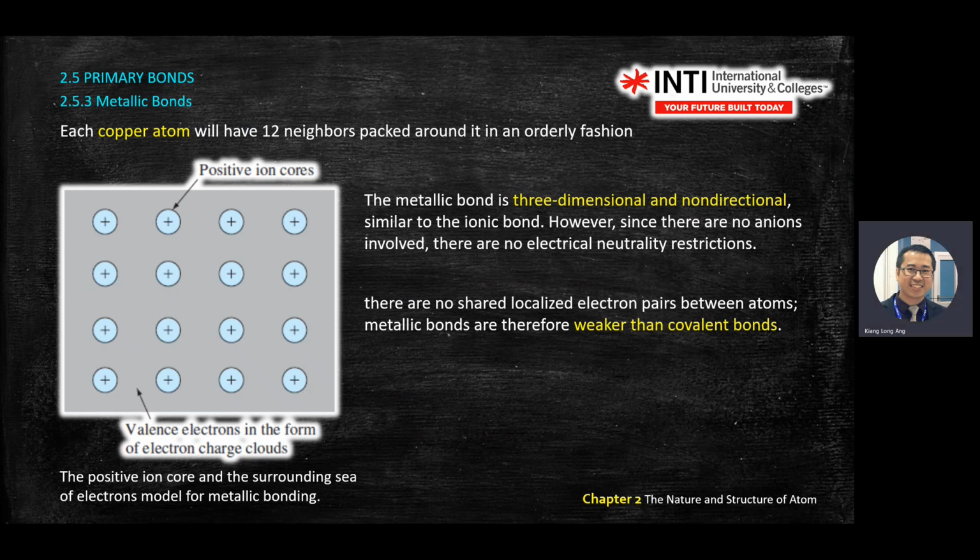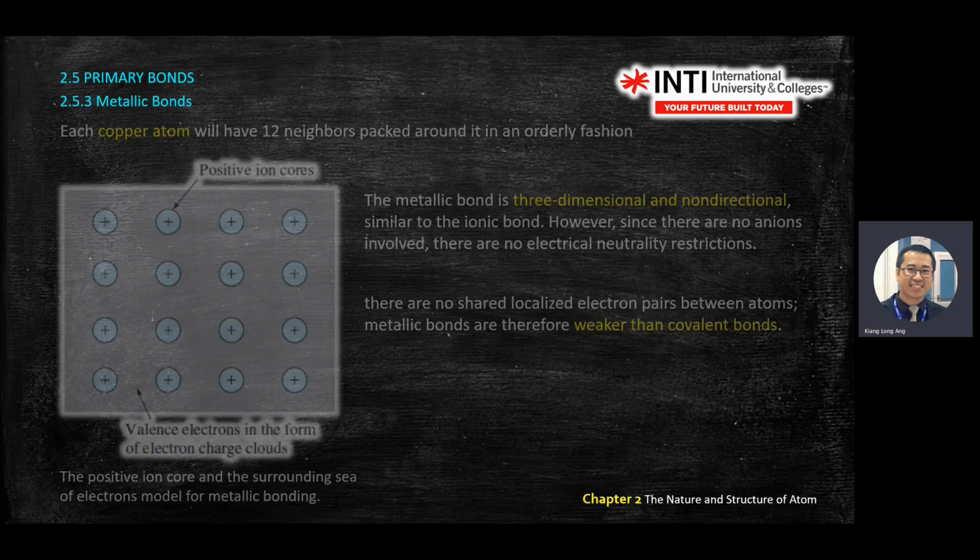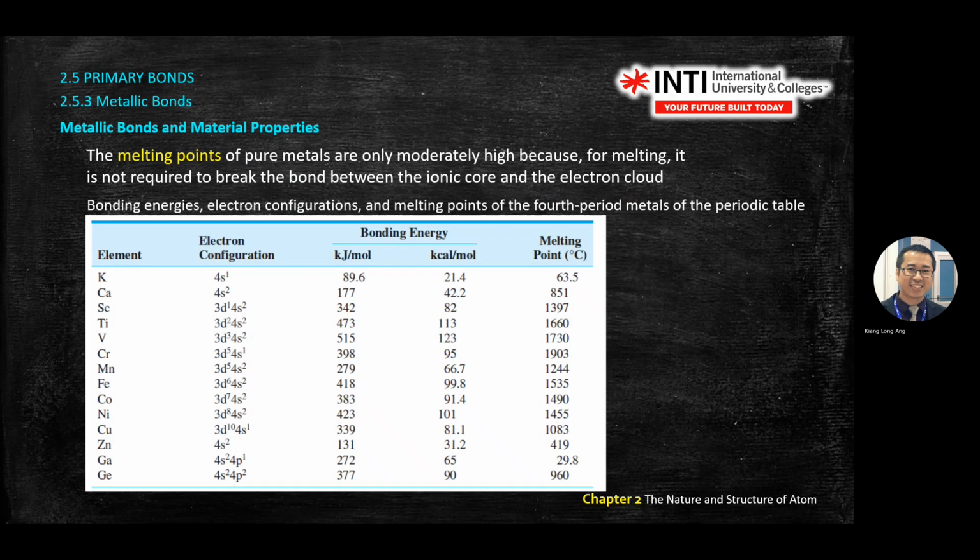One special characteristic of metallic bonding is that it is 3-dimensional and non-directional. They are similar to ionic bonding. As you read, then you look at this table. We're focusing on the melting point.